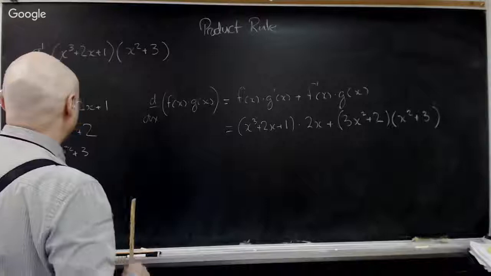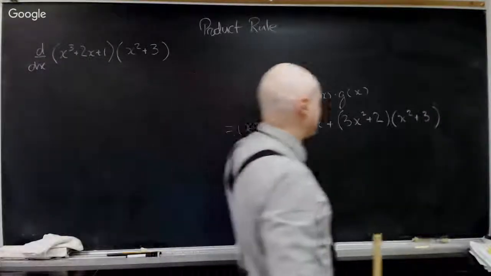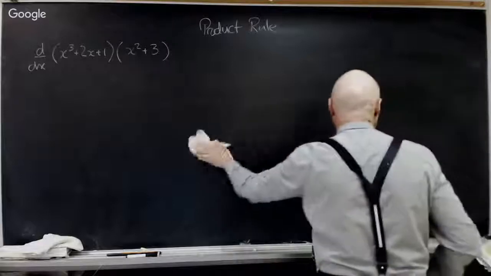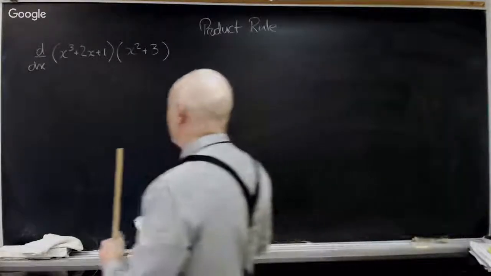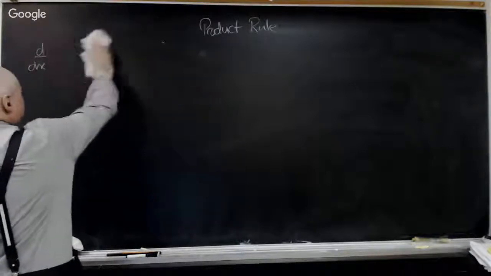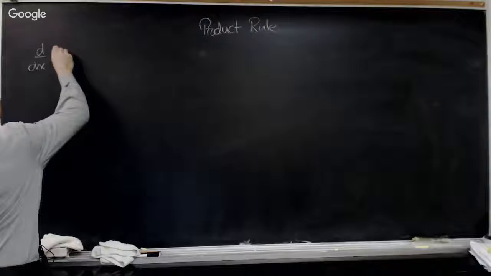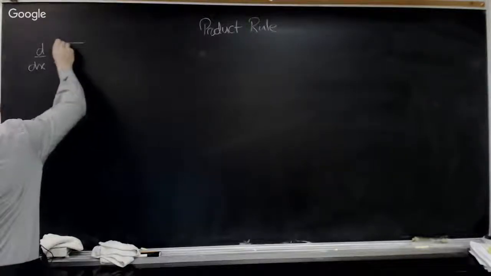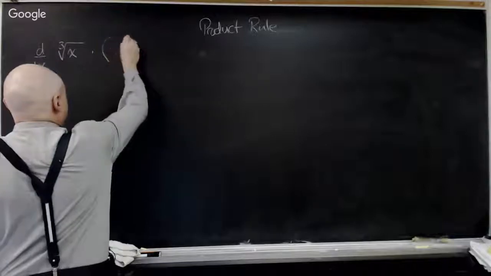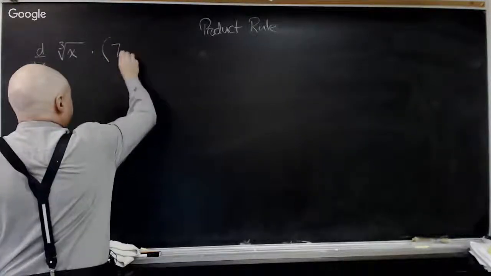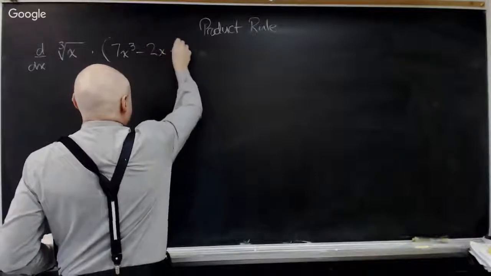Okay, let's do a slightly more complicated one. But not that much more complicated. So let's do the derivative of the cube root of x times 7x cubed minus 2x plus 1.